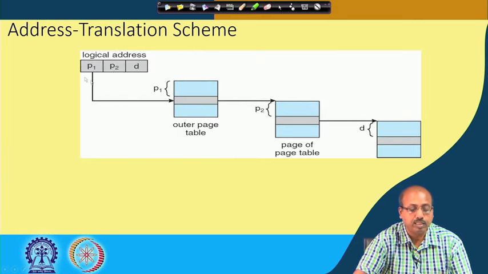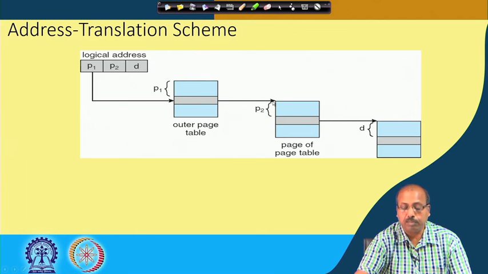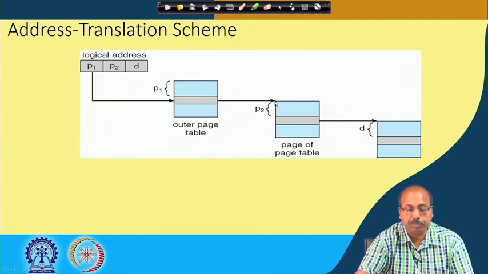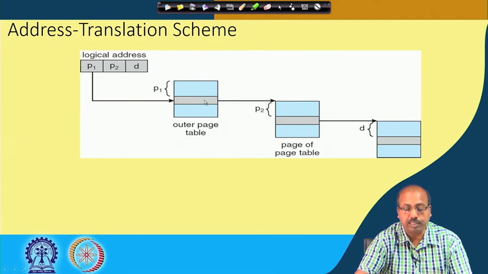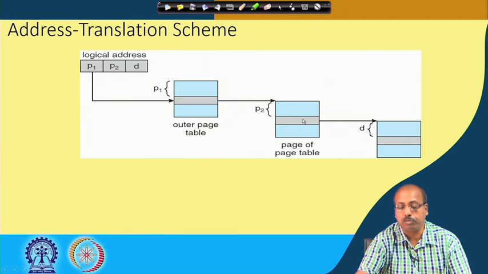So, P1 is indexing into the outer page table, and from the outer page table you get the address of the inner page table. Then P2 is used as an offset within this inner page table to come to the actual page table entry.